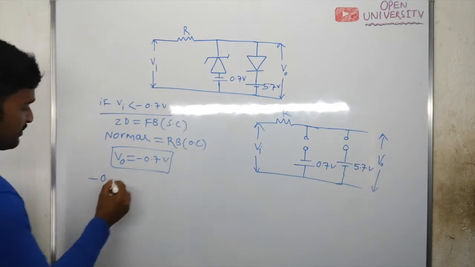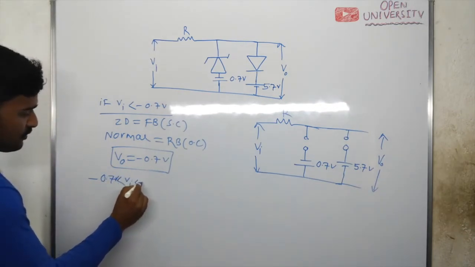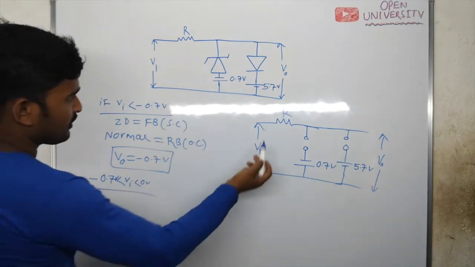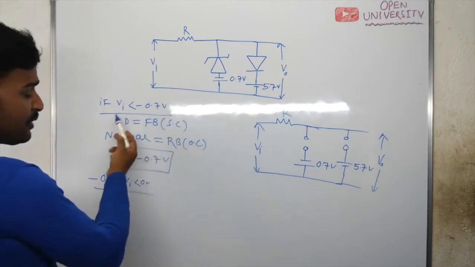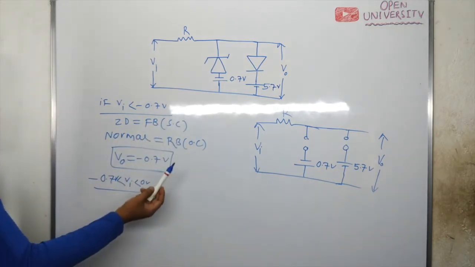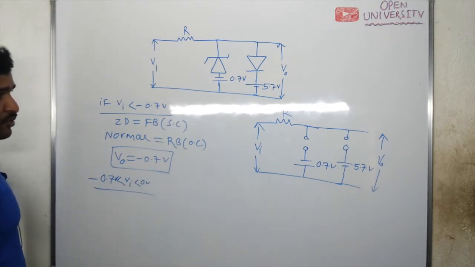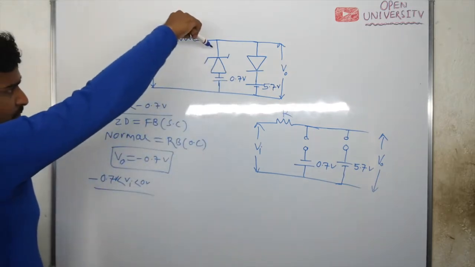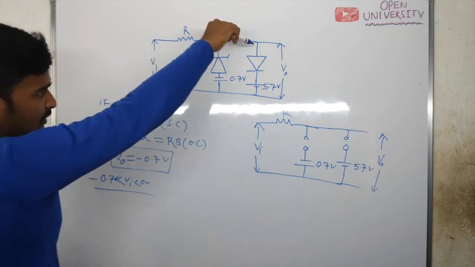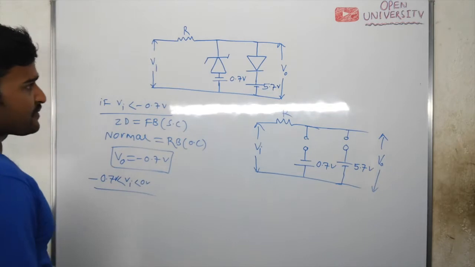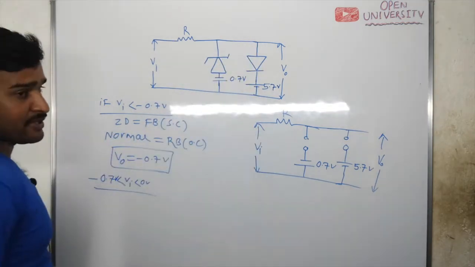If input voltage is between minus 0.7 volt and 0 volt, the Zener diode becomes forward biased only if input voltage is less than minus 0.7 volt. If input voltage is greater than minus 0.7 volt and less than 0 volt, then what will happen? This diode becomes reverse biased, and also the normal diode becomes reverse biased, because it becomes forward biased only if input voltage is greater than 5.7 volt.